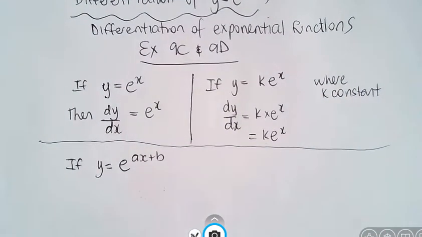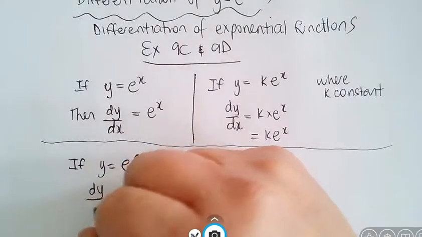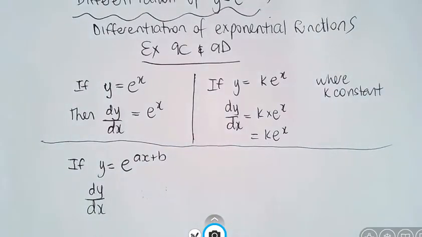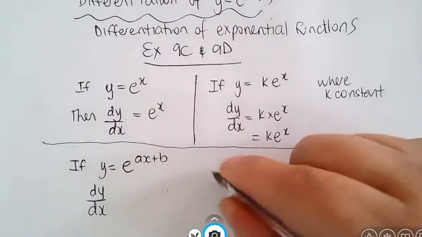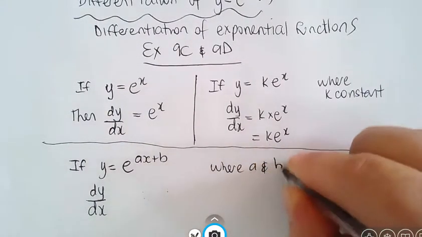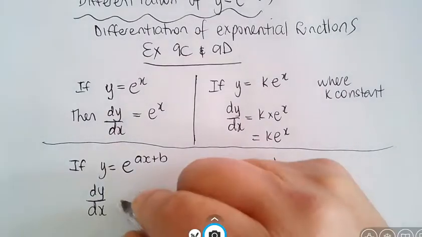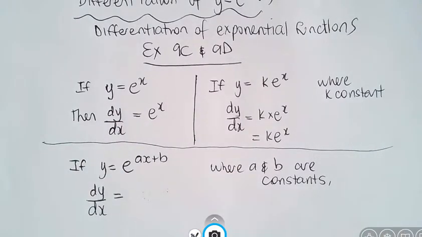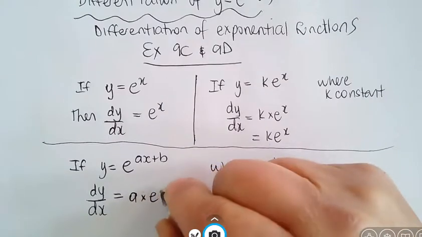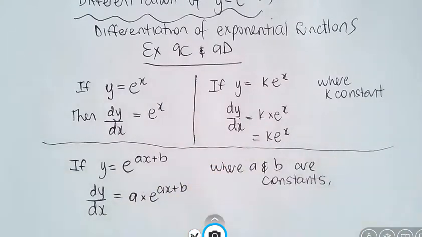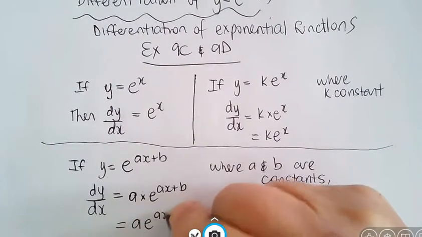However, if y equals e to the ax plus b, where a and b are just constants, so that might be like e to the 2x plus 3, then dy/dx will be a times e to the ax plus b, which is a e to the ax plus b.